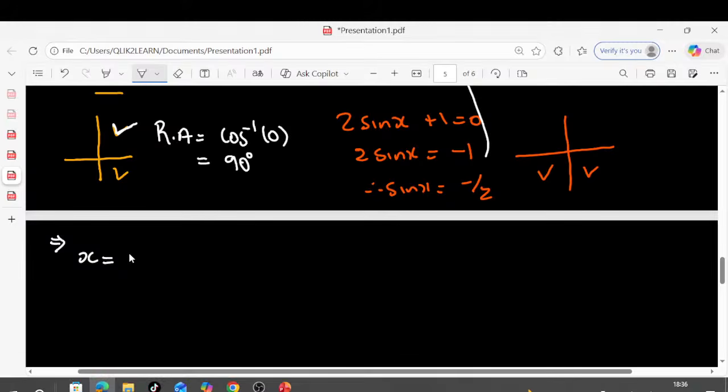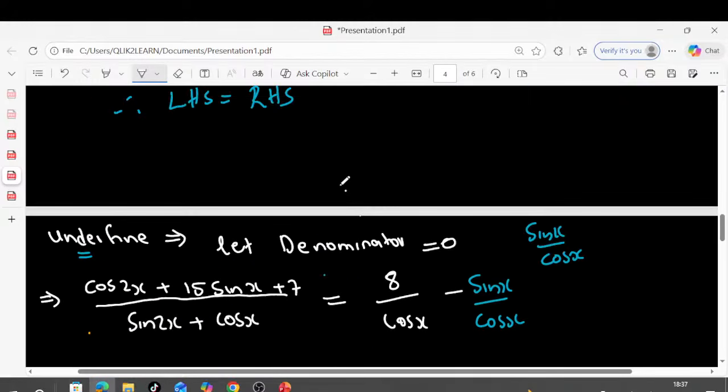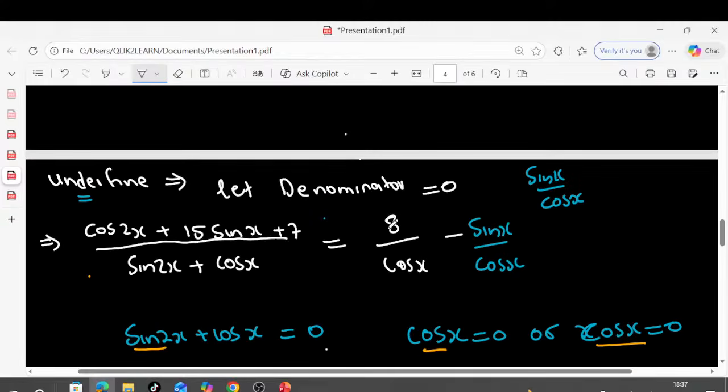If this is in quadrant 1, x will be just your RA. We add, remember, this is cos, so it's like we are doing a general solution. So now let's go back to the question. When they say undefined, they are asking you to find the general solution, but they don't want to give you the words general solution.